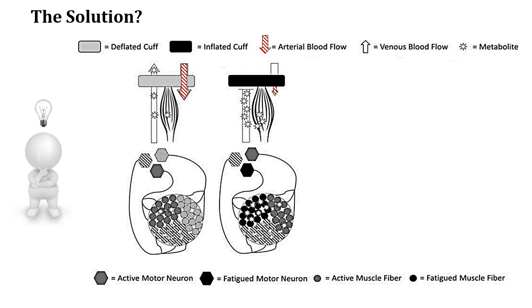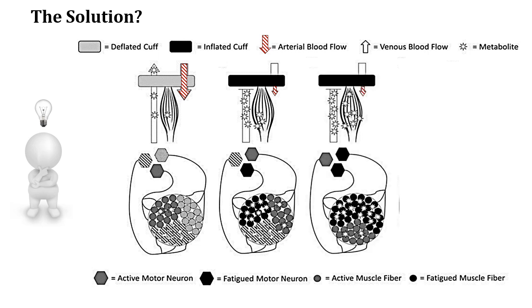As time goes on and the exercise continues under this condition, we get a gradual increase in all of the above. There's increased metabolite buildup, so hyperconcentration of hydrogen ions, lactic acid, CO2, deoxygenated hemoglobin and myoglobin.